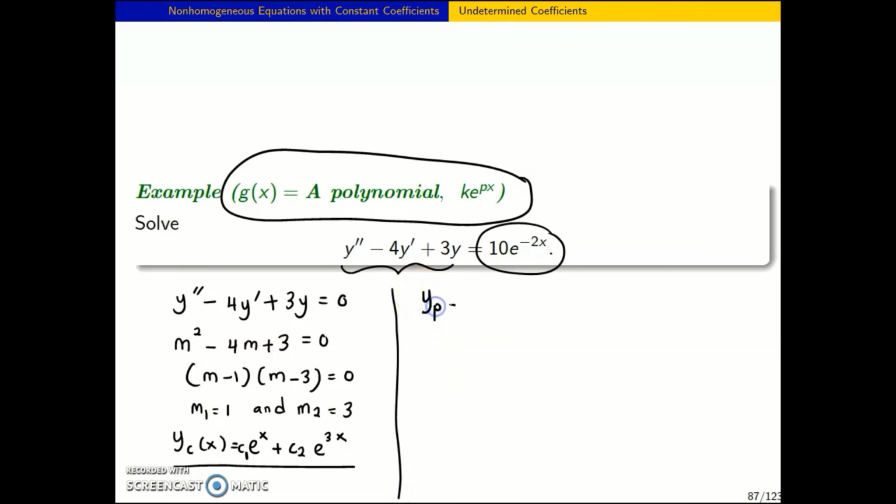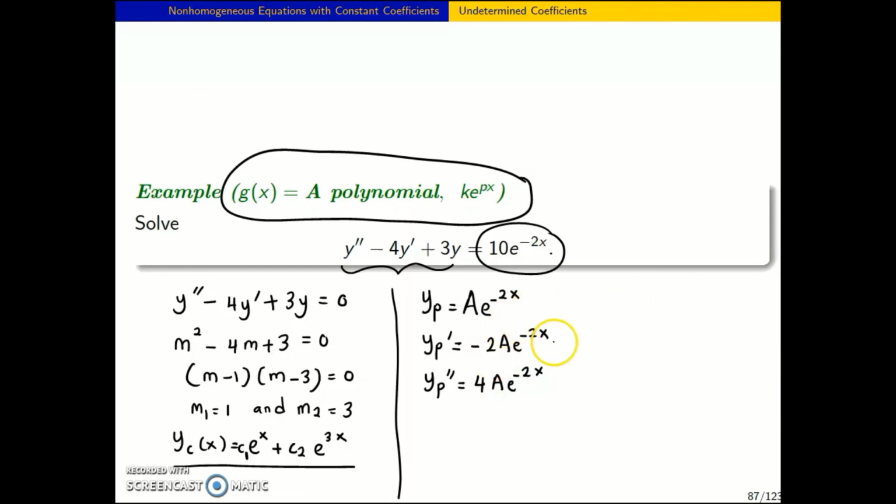Because my gx is 10 times e to the power of negative 2x, yp has the form A e to the power of negative 2x, and the constant you just write A. Differentiating once gives negative 2A e to the negative 2x. Differentiating a second time, I have 4A e to the negative 2x.